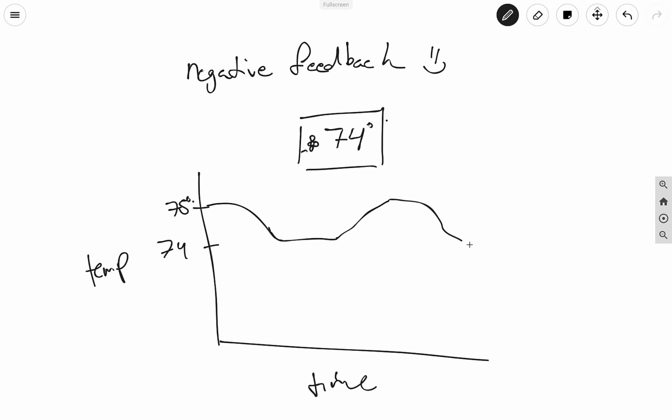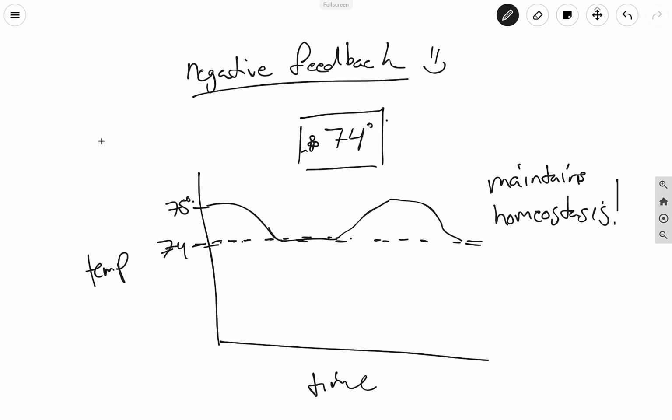If we lived somewhere that was actually cold, you could do this metaphor with a heater to keep your house to a certain warmth. But the idea behind negative feedback is that it maintains homeostasis. So it is going to keep us at this level.